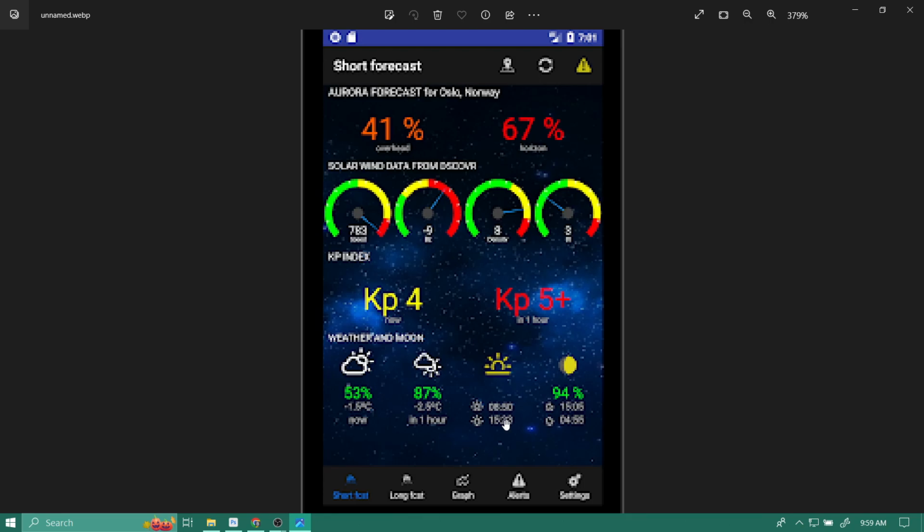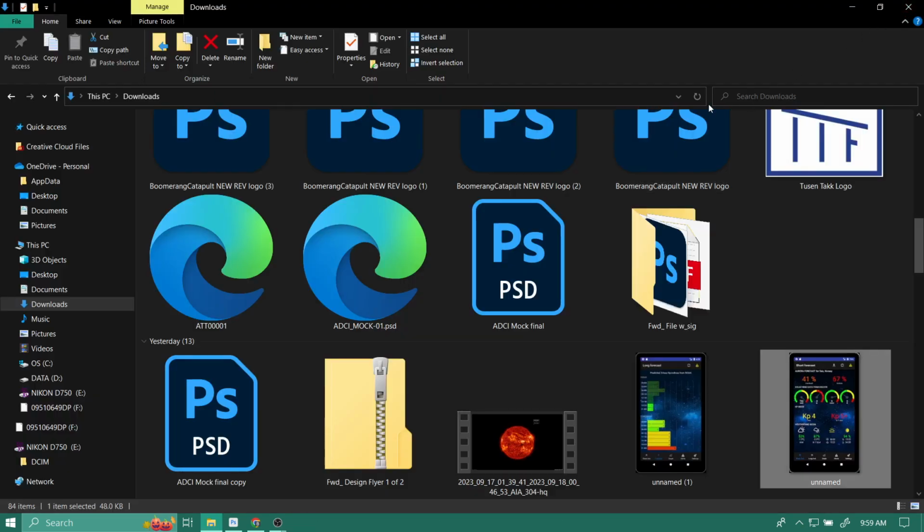And 430 KP or BZ is a -6 and a density of 8 according to them. But I don't think it's updated quite yet.